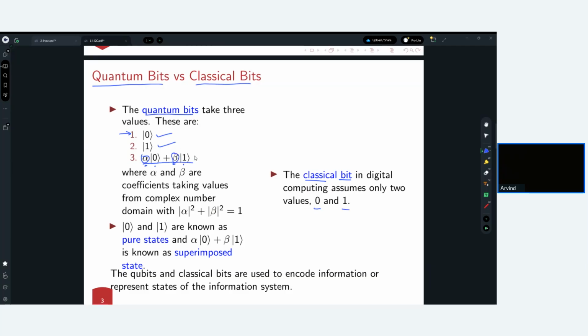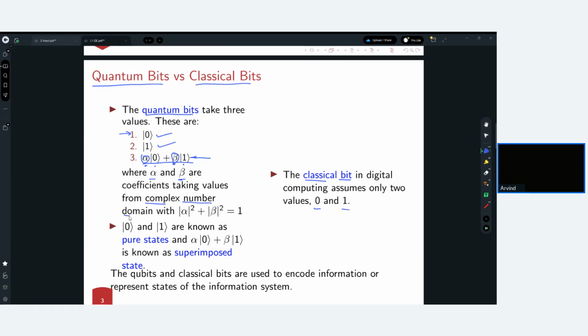So this is the third state, which is very much different from the classical bit. Classical bits never take such a combination state or a superposition of two different bits. Here alpha and beta are the coefficients associated with qubit 0 and qubit 1, and alpha and beta take their values from the complex domain.